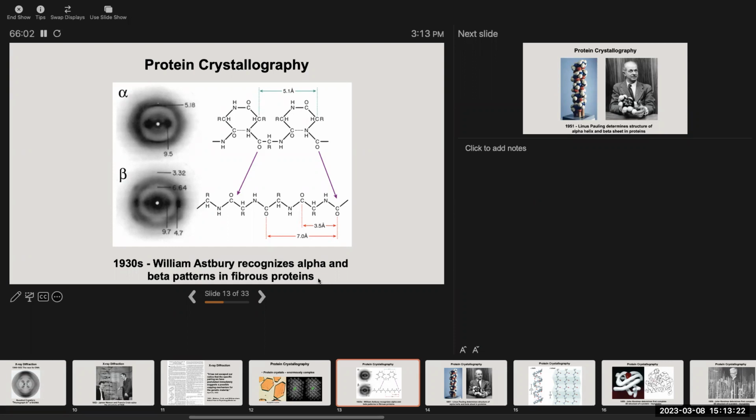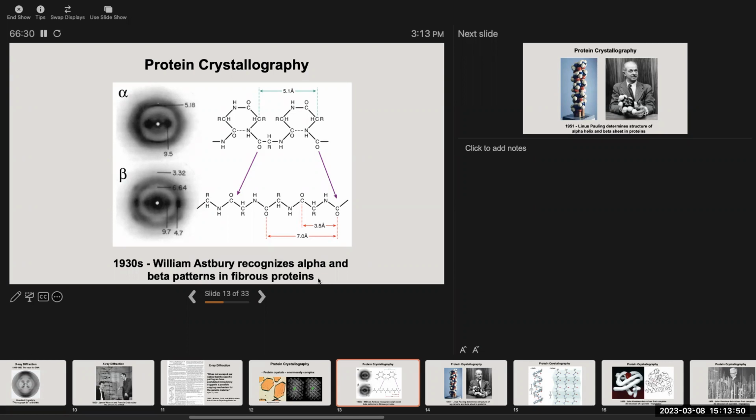And when you heated up something with that alpha pattern and pulled on it, you were stretching that protein chain out into its primary structure, into just a straight linear chain of amino acids. But that was as far as he could get with it. He didn't have any further understanding of what these structures looked like. All he knew is you could stretch out a protein from the alpha pattern into the beta pattern.